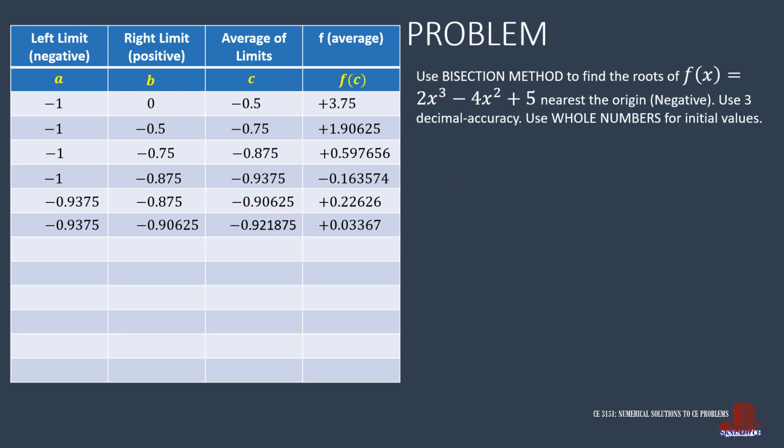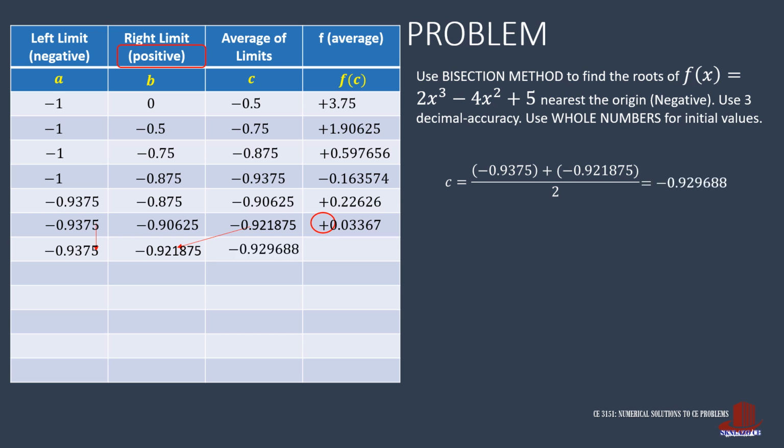With the last value of f of c being positive, we replace b with negative 0.921875. A is still negative 0.9375. Complete the iteration by taking the average of a and b. C is then computed as half of negative 0.9375 plus negative 0.921875, giving negative 0.929688.